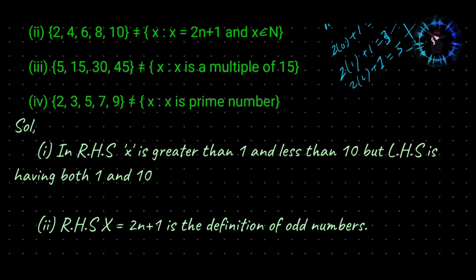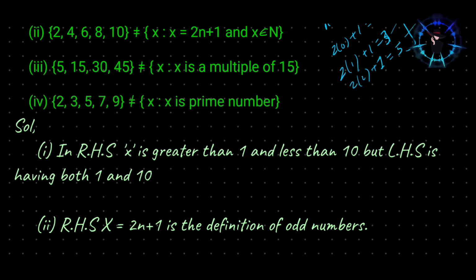5, 15, 30, 45. Multiples of 15, is it? 15 right, 30 right, 45 right, but 5 is not a multiple of 15. So that is why it is not equal. Now 2, 3, 5, 7, 9. Are these prime numbers? We have 2 prime number, 3 prime number, 5 prime number, 7 prime number. But what about 9?